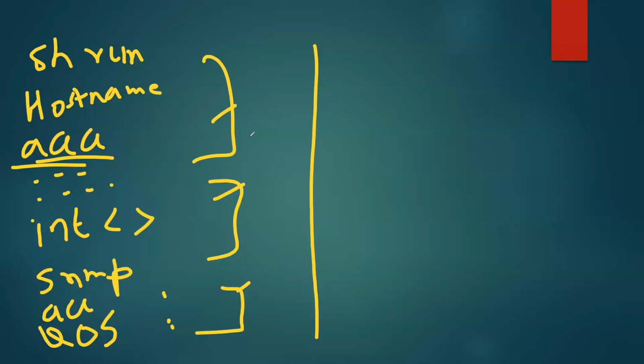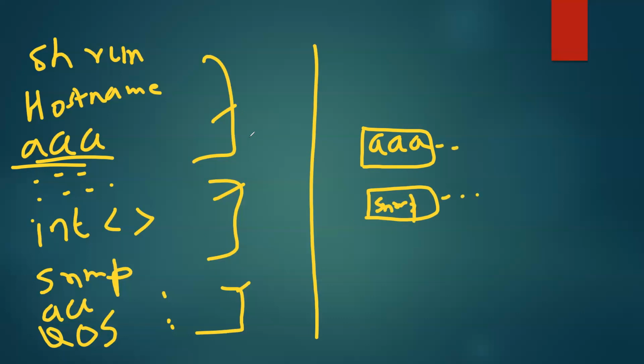So there also we have groups, but it's not exactly defined where that group is, whether AAA configuration will come first or SNMP will come first, etc. So we don't have a proper category for grouping of commands. You got my point?